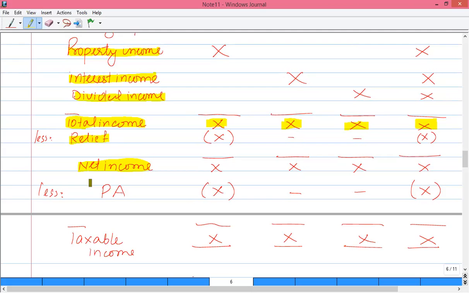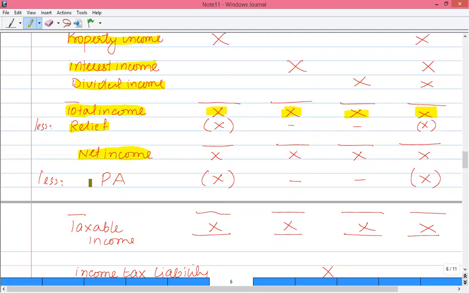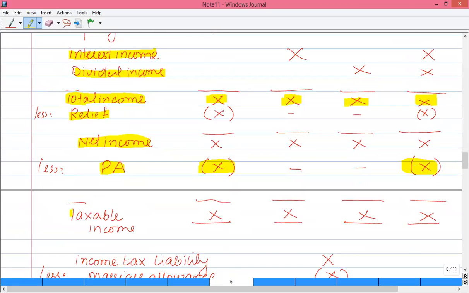But tax is not calculated on this income as well. After that, you have to deduct a personal allowance from your income, and you will get a figure of taxable income.